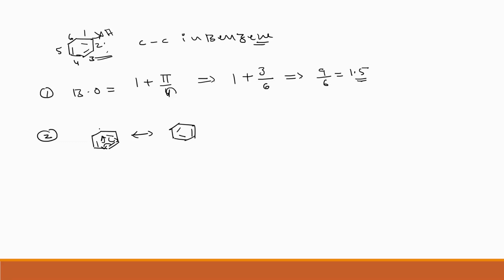Now see, between the carbons, how many bonds do we have? I am taking this carbon: 1, 2, and here also 1 and 2. So between the first carbon and second carbon, I have 2 bonds in one structure and 1 bond in the other. So that is 2 plus 1, total number of bonds is 3. And I have 2 resonating structures. So this is 3 by 2, which is equal to 1.5.